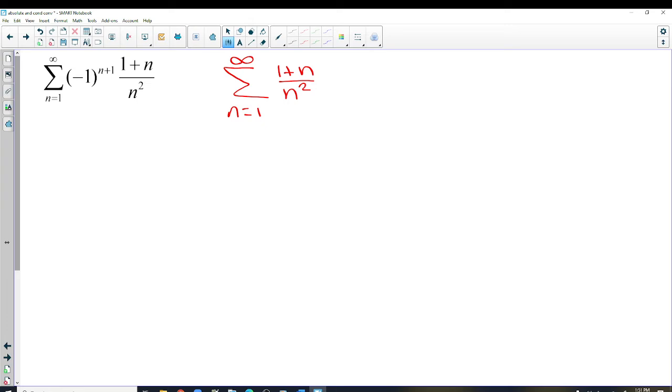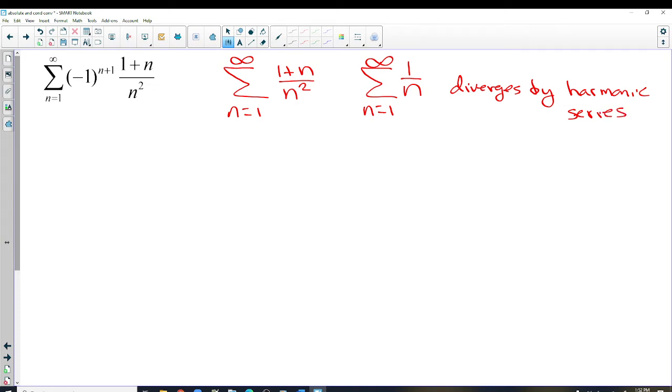Now, if it was like 1 over n squared, we could use a p-series, but we could also use the direct comparison test. Direct comparison has to be much simpler than this one. So we're going to compare this to the sum from n equals 1 to infinity of 1 over n, or n over n squared, reduces. This diverges by the harmonic series. And now, pretty sure this is going to diverge, but we got to keep going.